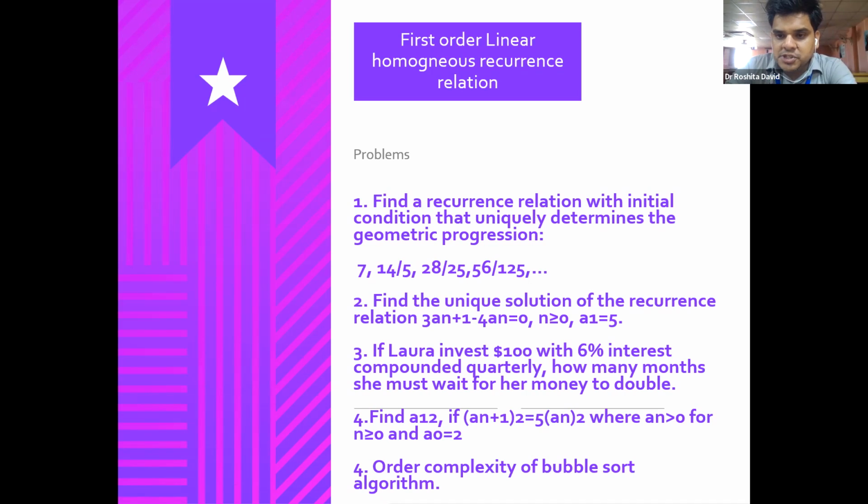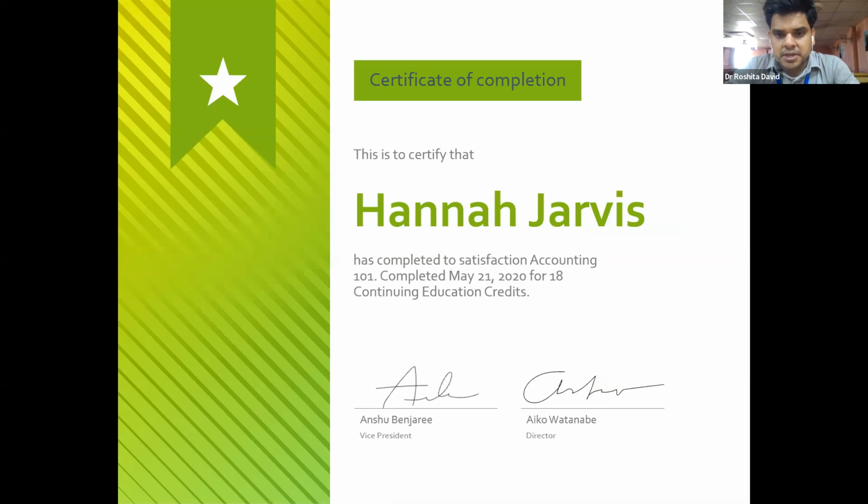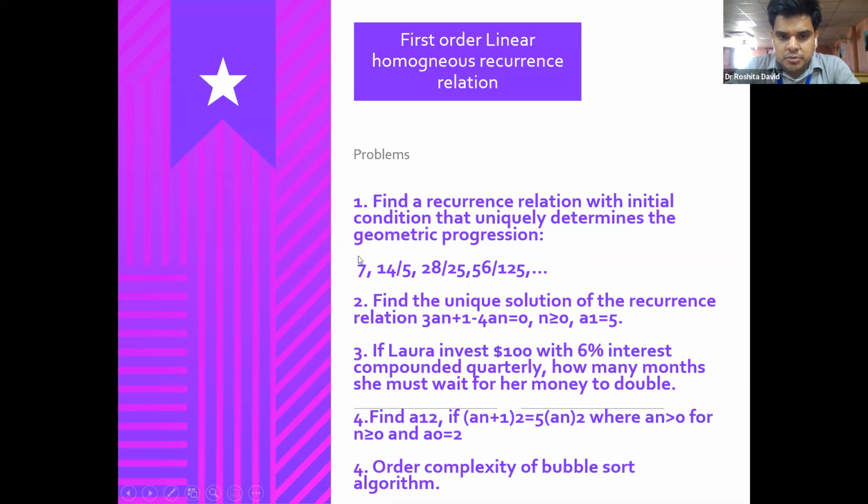And what's going to be the initial condition? They're asking about the initial condition as well. So I am giving a0 is equal to 7. So what's going to be the answer?